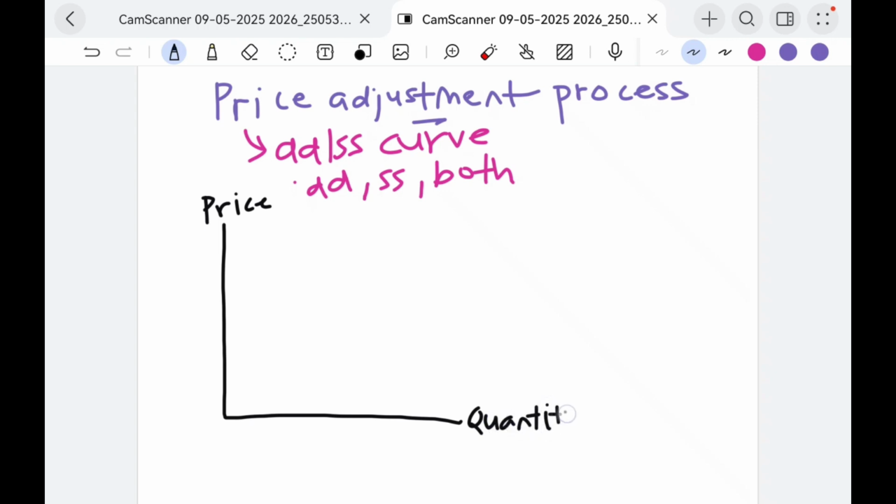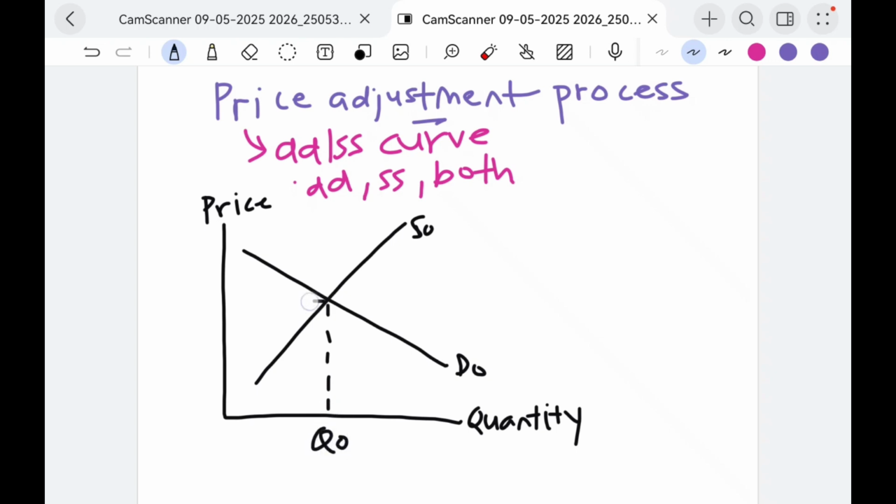And then we always start off by drawing our initial equilibrium. So also label your demand supply curve properly, because later on when you have the shift it will be more messy. So good to denote all the initial points as naught. So D0, S0, P0, Q0.